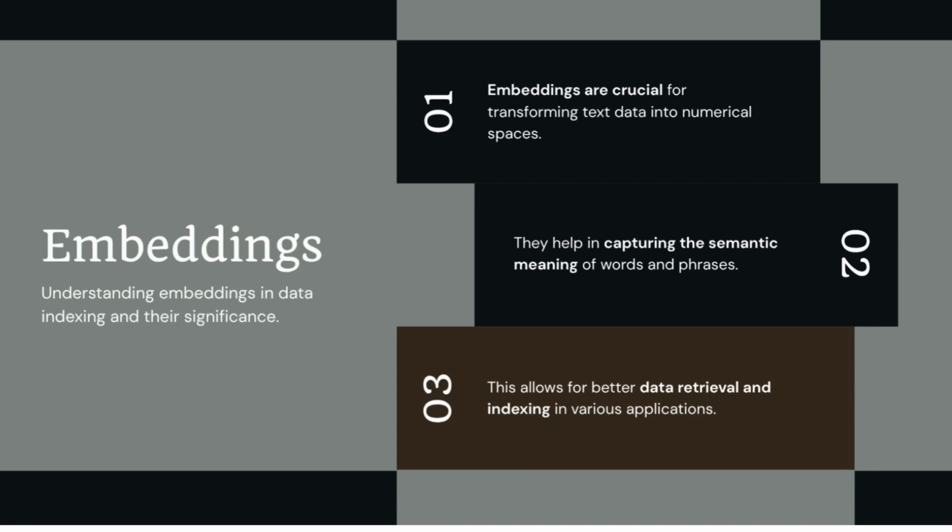Basically, our text data was converted into what we call, you can see, arrays of numbers, but in simple terms they are numerical representations of what those texts mean. Do you understand?